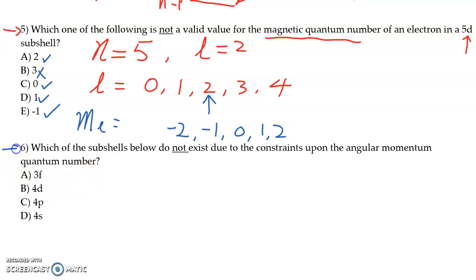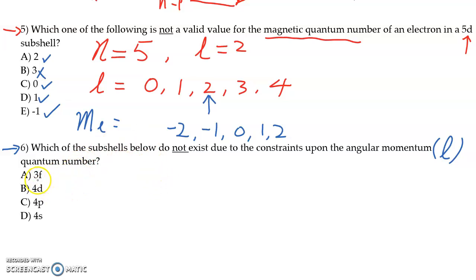Number 6. Which of the subshells below do not exist due to the constraint upon the angular momentum quantum number? Angular momentum, that is the L. Okay, so let's look at it.